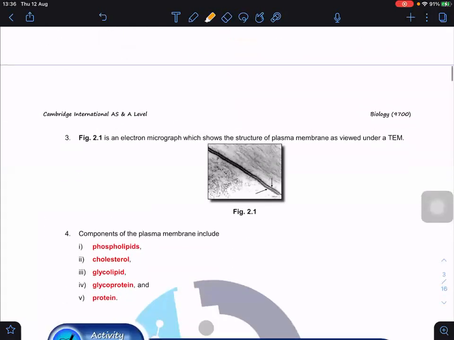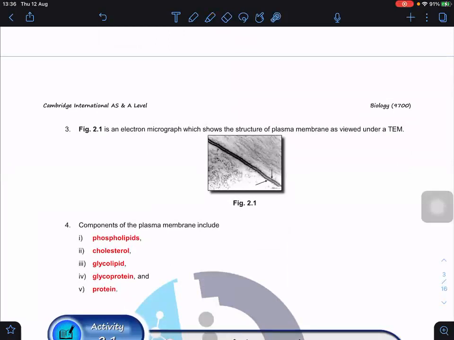So you can see the electron micrograph, the TEM, transmission electron microscope. You can see 2 lines. These 2 lines actually represent the heads of the phospholipid molecules, and the tails will appear as the pale region in between these 2 dark lines. So what are the components of the plasma membrane?